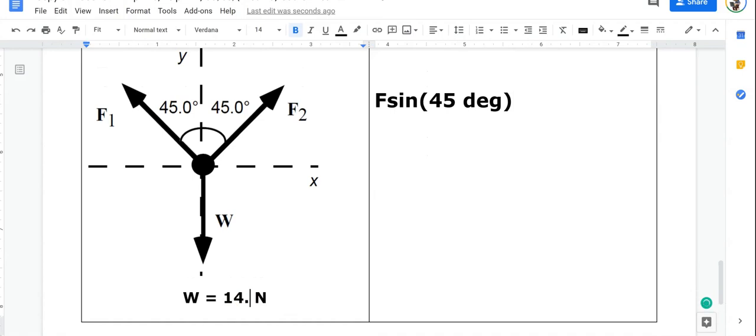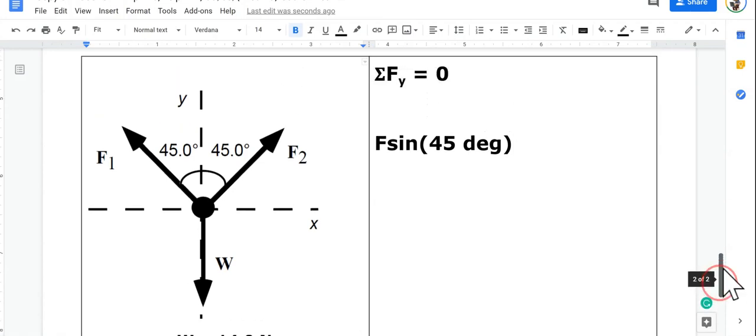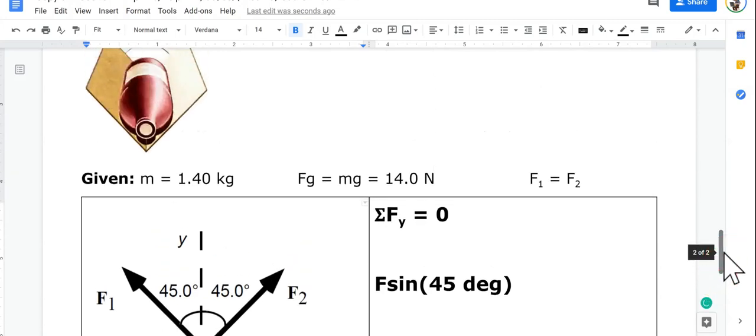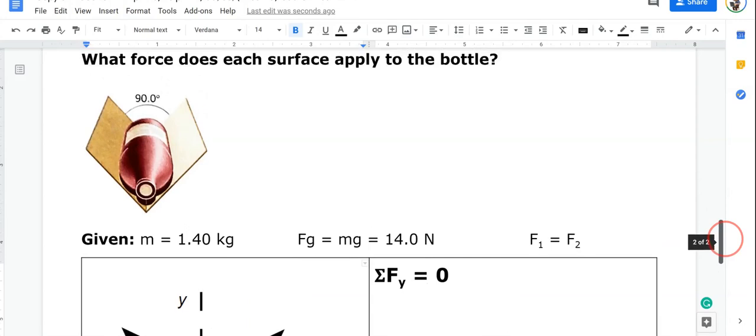So let me go over this again because it's somewhat new. When you're given a mass, you've got to turn it into a force, which we did by multiplying by 10 meters per second squared, the acceleration due to gravity on this planet. We had this picture of the bottle, and we're told that the two sides have a separation angle of 90 degrees.